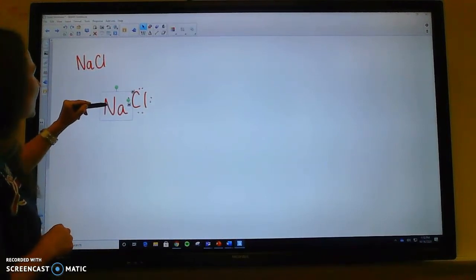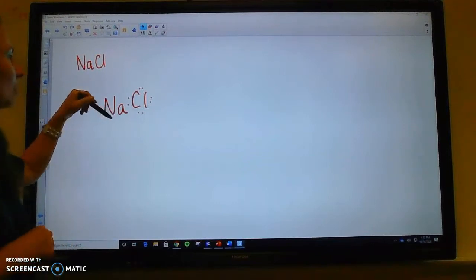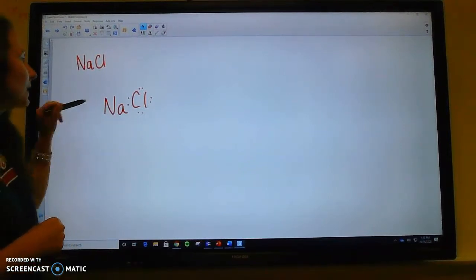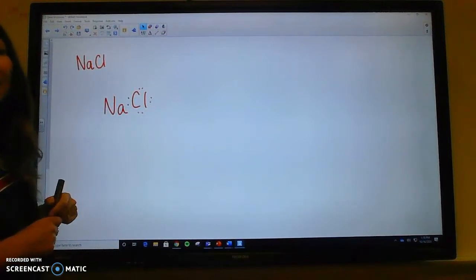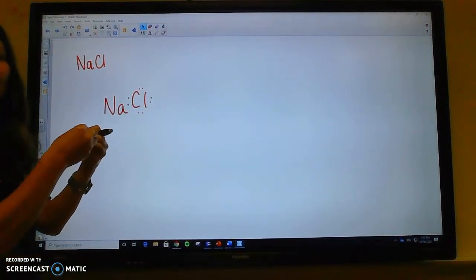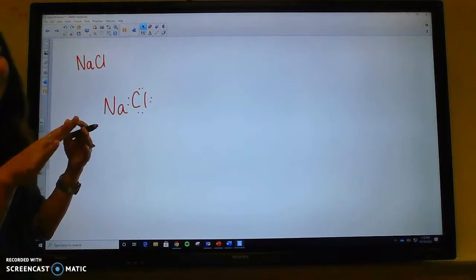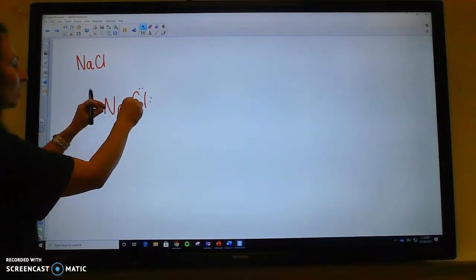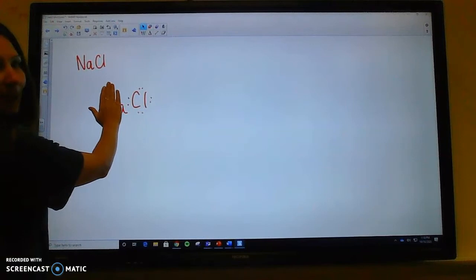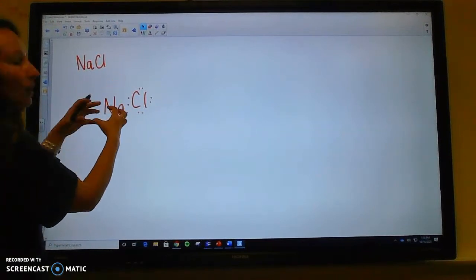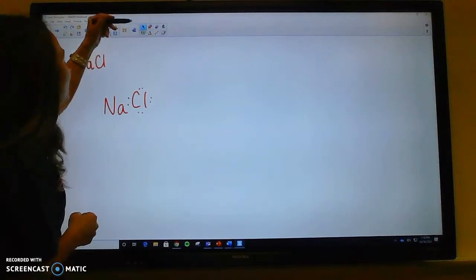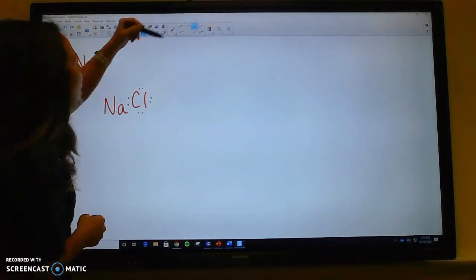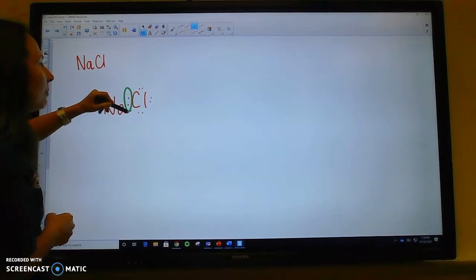Notice that sodium, if it gives its valence electron up, they're not mutually sharing, are they? Because it's ionic. But if sodium gives its electron to chlorine, chlorine would then have 8 electrons, and sodium's inner shell would have 8 electrons. But where these two electrons meet up, that's where you have a bond.